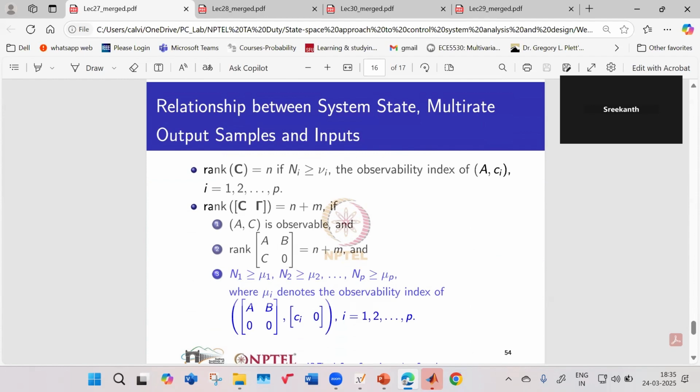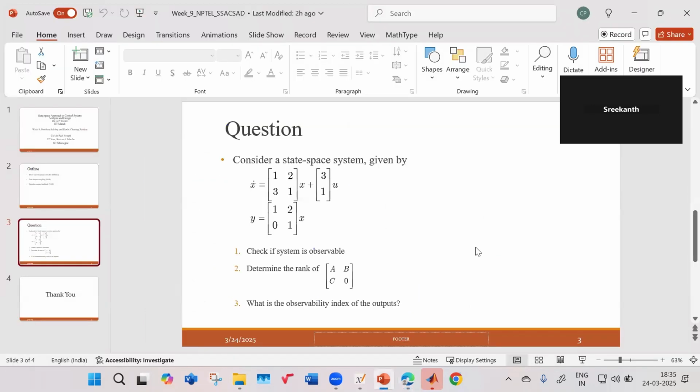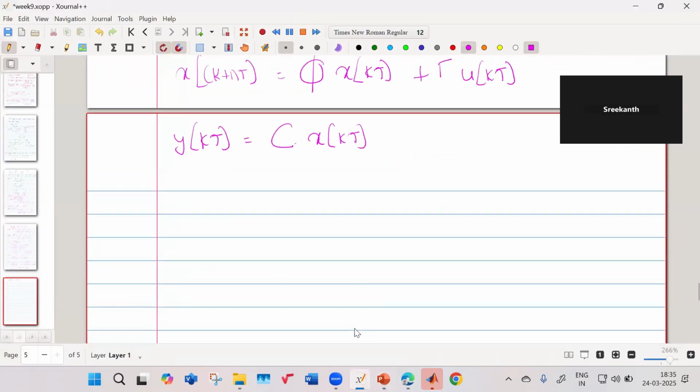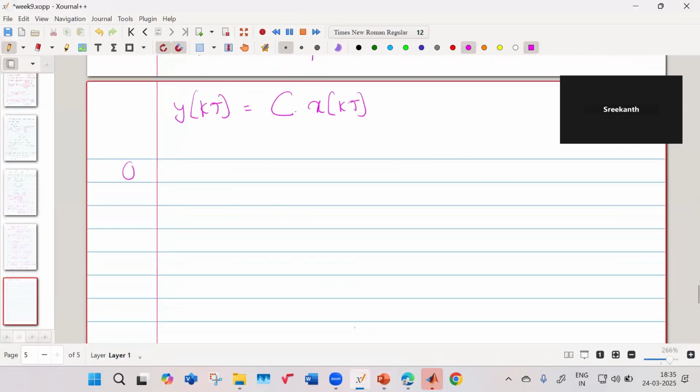So let us consider the system. This is our state space system. We have A equal to 1, 2, 3, 1. And what is our B?